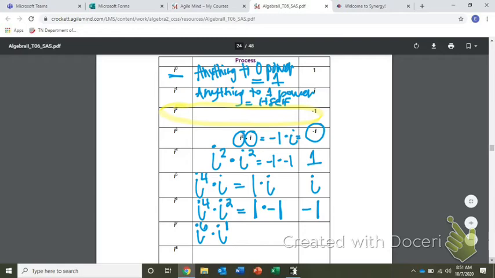A -1. And i to the 1 is just an i. So a -1 and an i makes a -i.